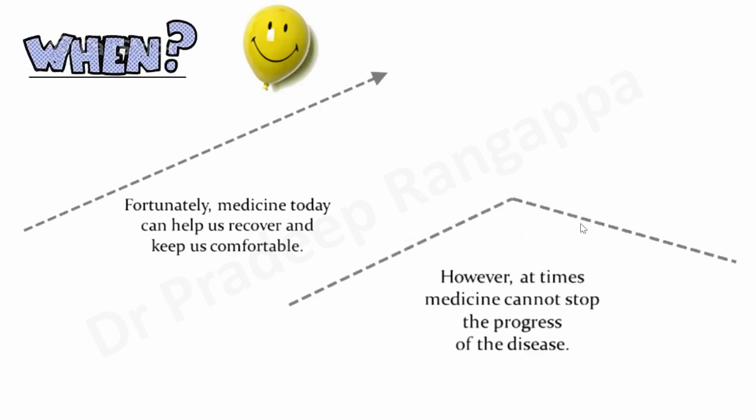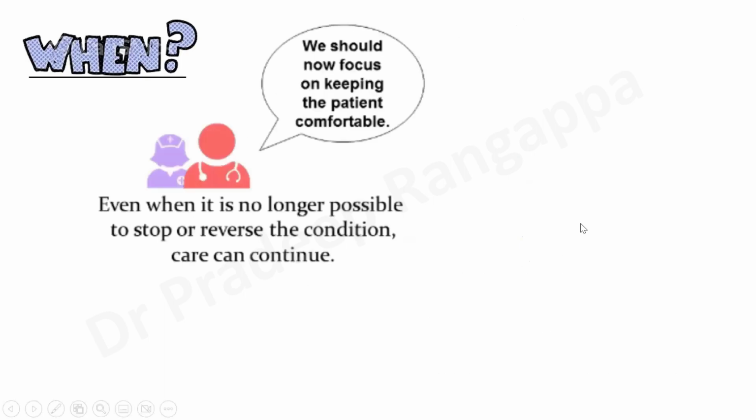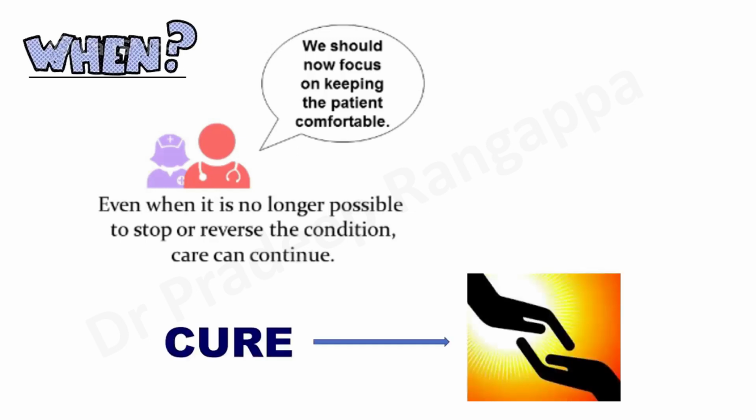So this is where the whole role of palliative care comes in, where one needs to have a discussion that the patient should be kept comfortable, and your whole focus of management changes from curative intent to taking care of the comfort aspect. So when there is no definitive cure, the whole care shifts from cure to comfort care.